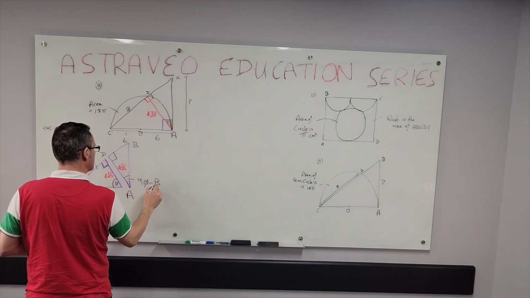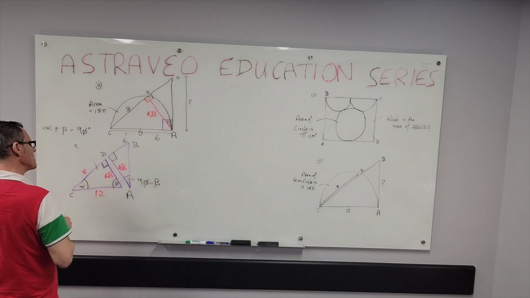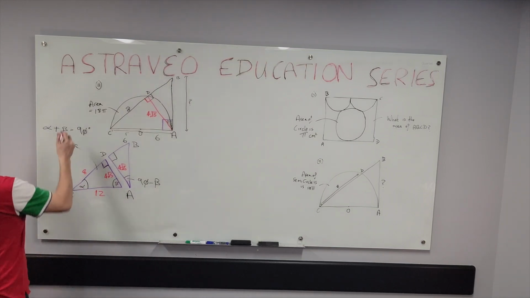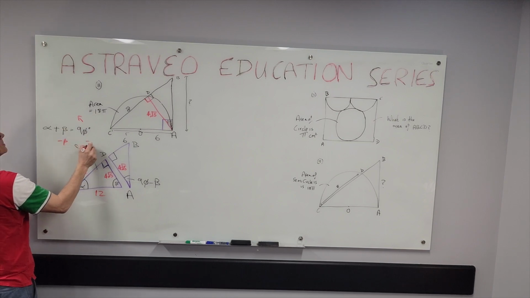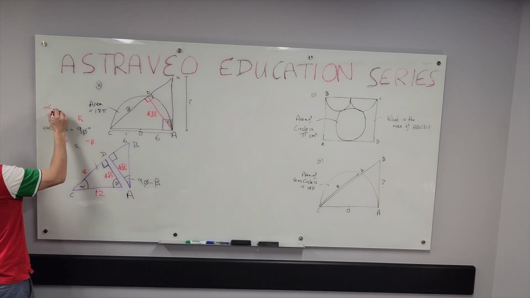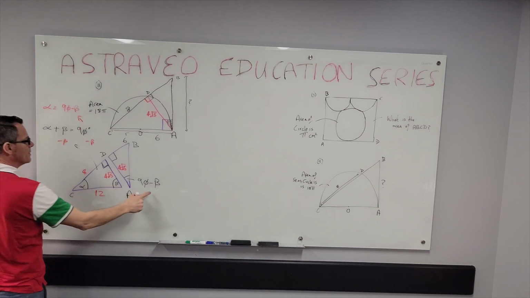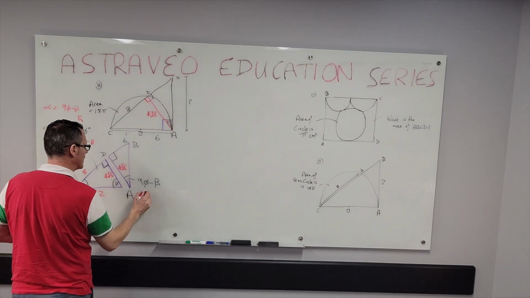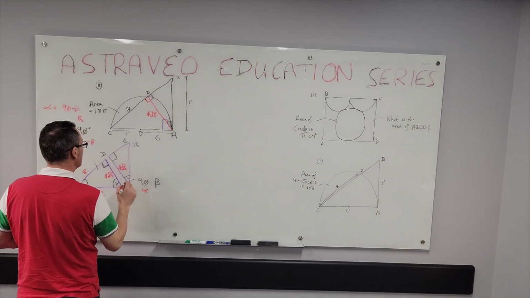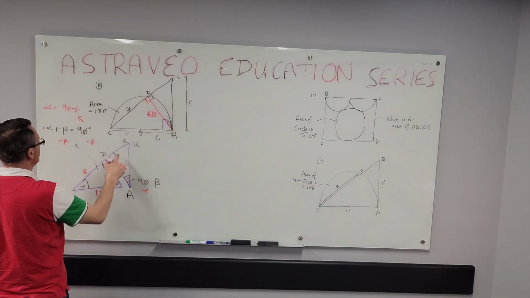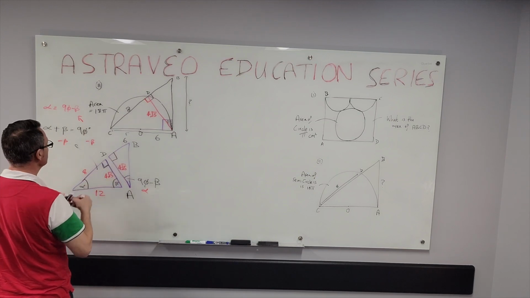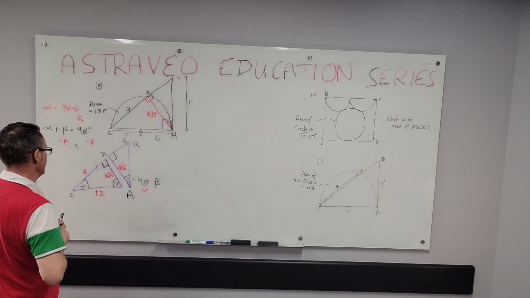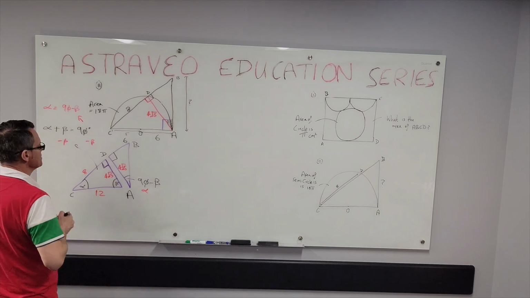Well, what's 90 minus beta? We subtract beta from both sides. You get alpha equals 90 minus beta. So 90 minus beta is actually alpha. And if these two angles have to add up to 90, if we've already got alpha, this angle has to be beta. All right, now we are in business.